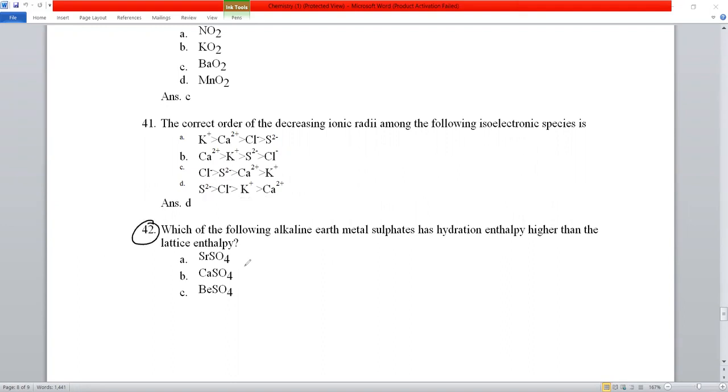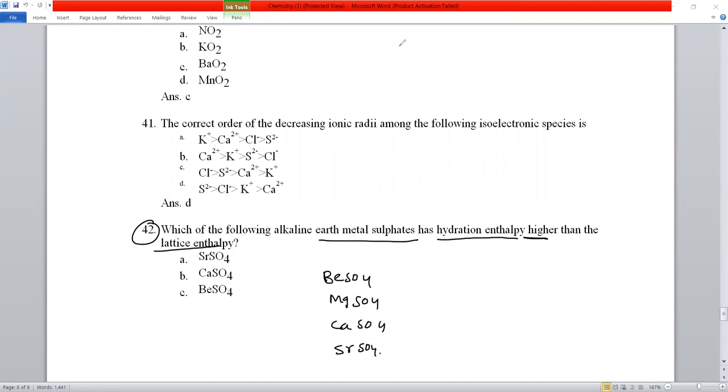Next, 42. Which of the following alkaline earth metal sulfates has hydration enthalpy higher than lattice enthalpy? They have given beryllium sulfate, magnesium sulfate, calcium sulfate, and strontium sulfate.